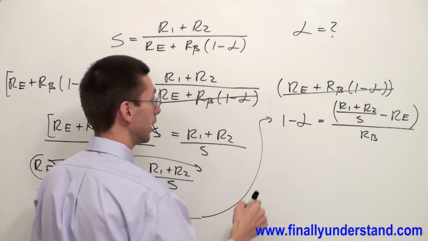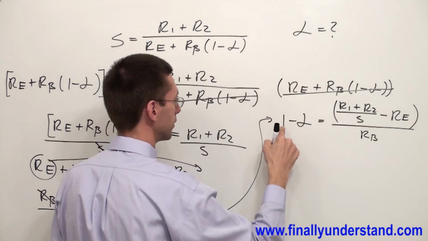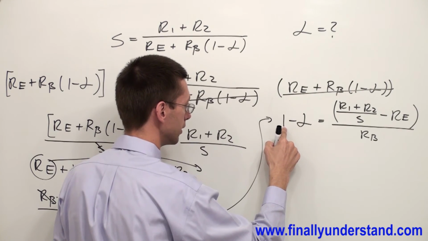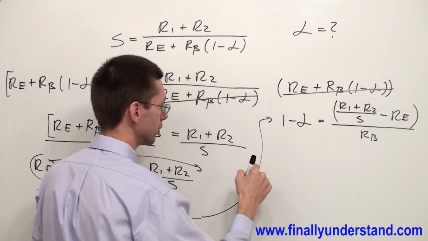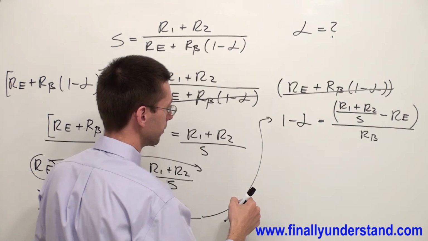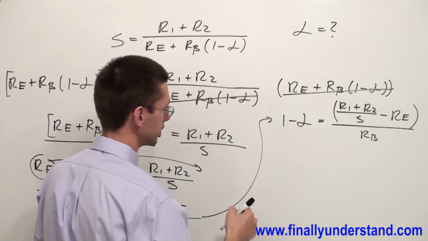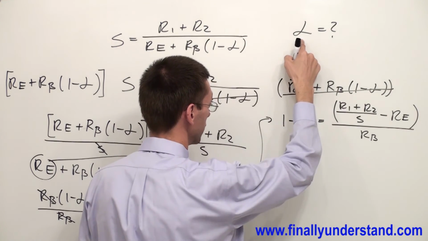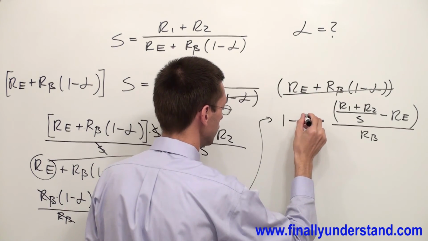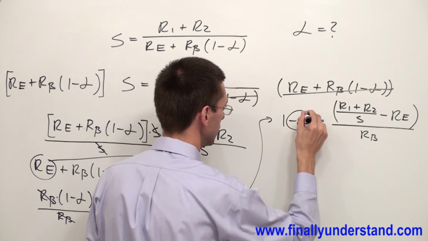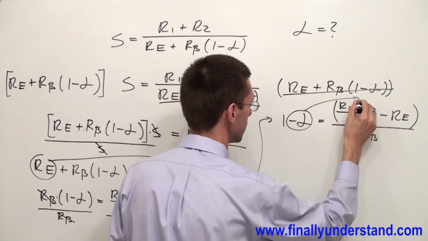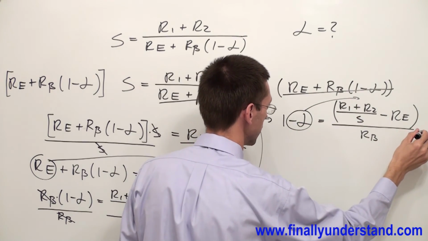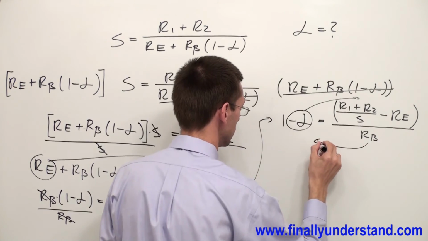Okay? Now, I'm looking for alpha. I do not want to see 1 next to alpha. So what I can do over here to make life simpler, in order to make my alpha positive, because I have to find positive alpha, I'm going to move this alpha to the right side. And everything from the right side, I'm going to move to the left.